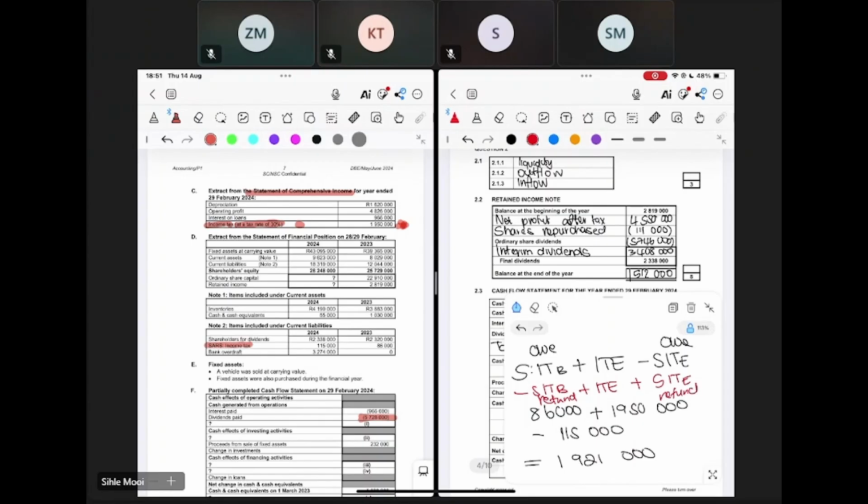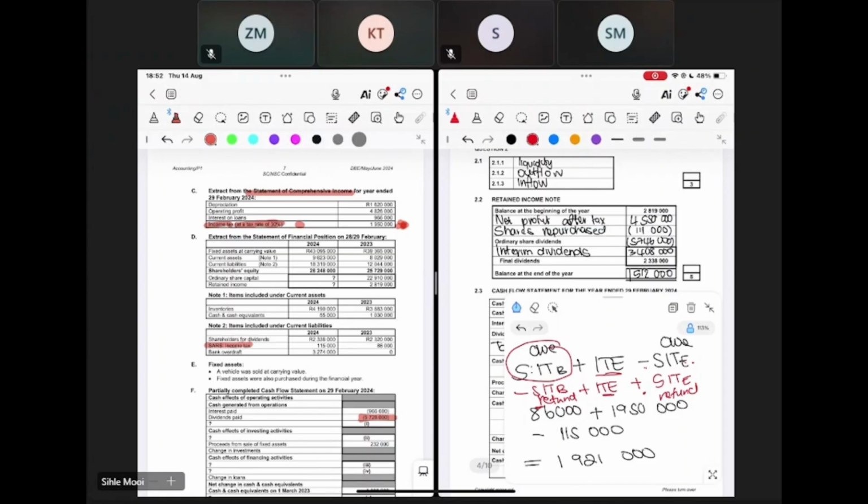So if you owe SARS, you add the SARS income tax. If it's a refund at the beginning of the year, you minus. Your income tax expense will always be a plus, and at the end of the year, if you owe SARS, you minus, but if it's a refund, you add. So you can have any combination of these in a question, so make sure you look out for that.